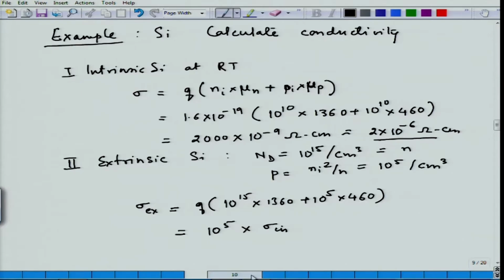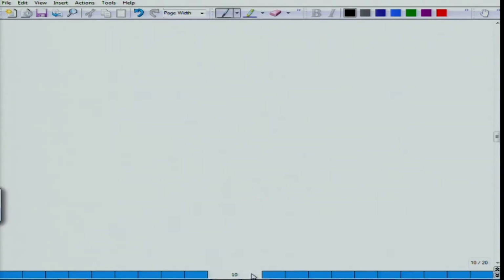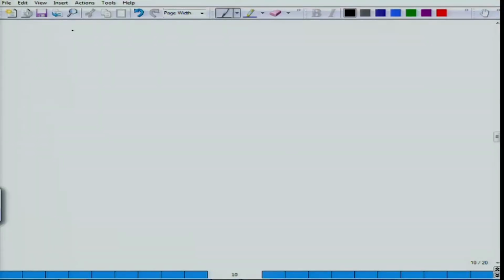But drift motion cannot be used everywhere. Ohm's law is good for low or intermediate levels of field. If the fields are very, very high, Ohm's law breaks down.